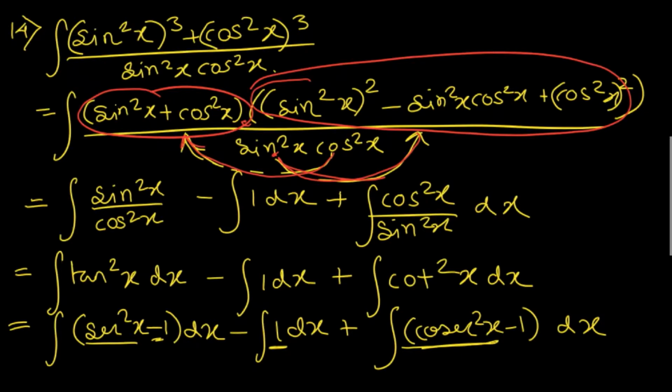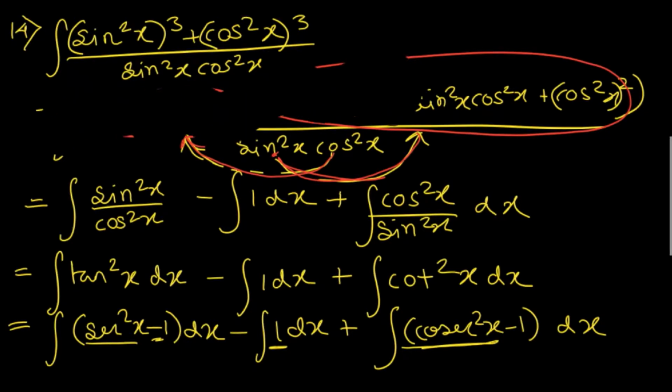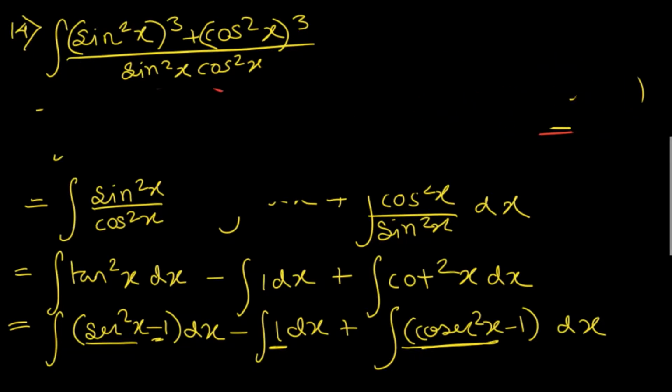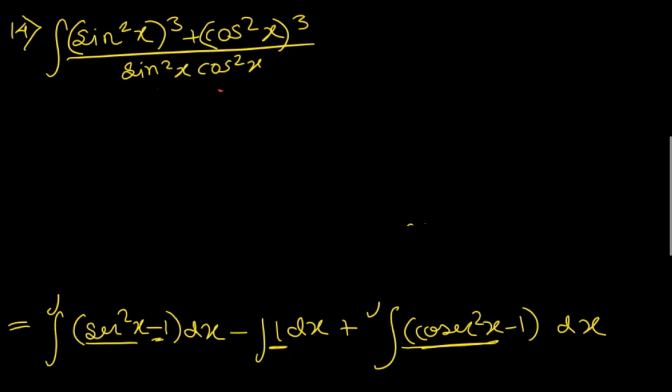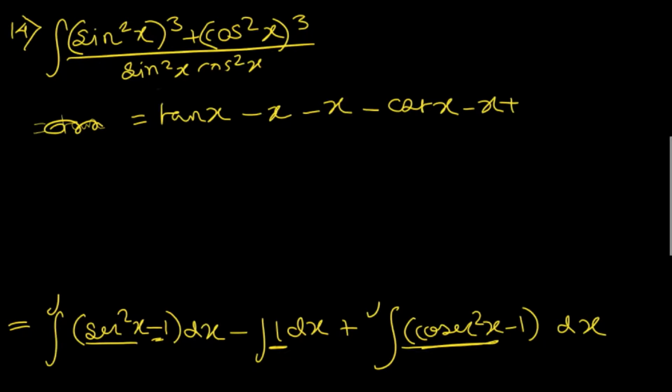So ultimately we get tan x minus x minus x minus, this cot square x gives cot x minus x plus c.